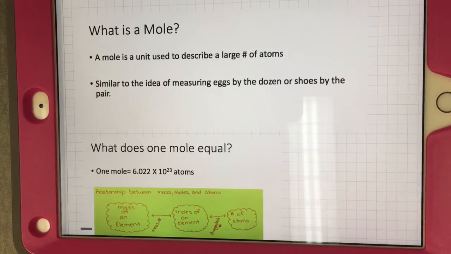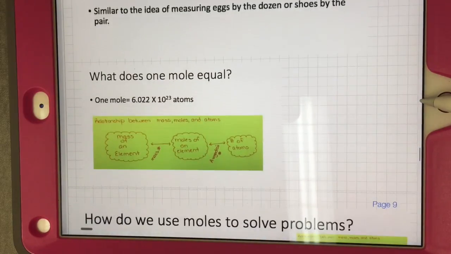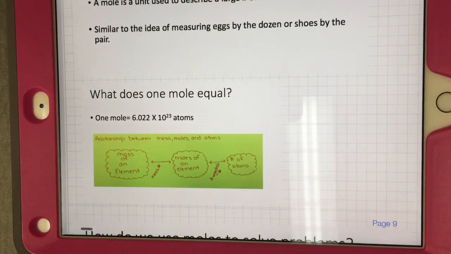So instead of saying I have 6.022 times 10 to the 23rd atoms of hydrogen, I'm going to say I have 1 mole of hydrogen. It's just easier to say and easier to deal with. And so we're going to be talking about this relationship between mass, atomic mass, moles, and atoms, and how you switch from one to another.